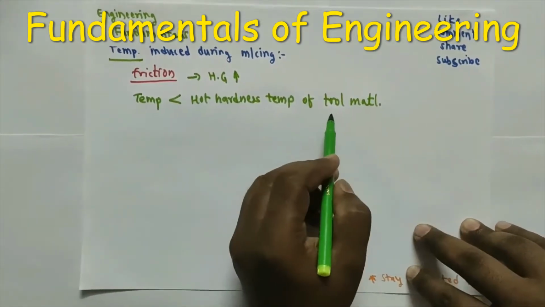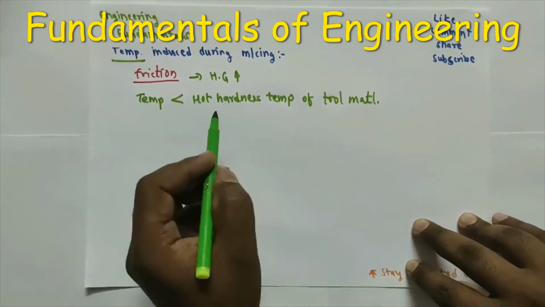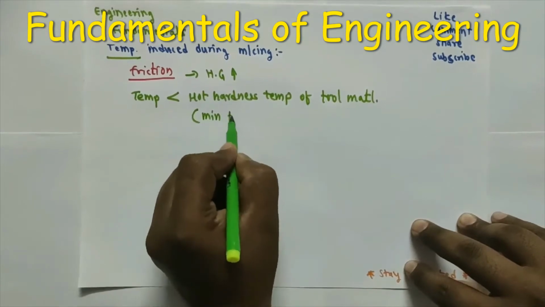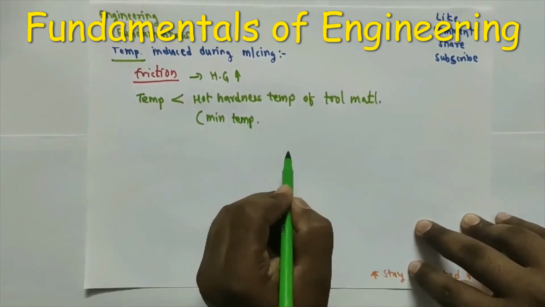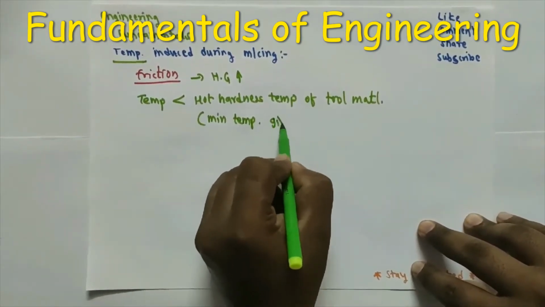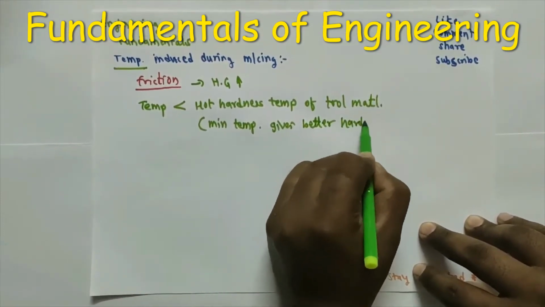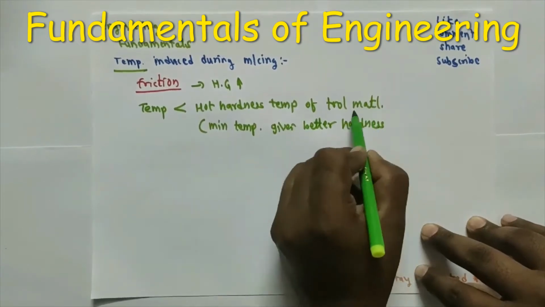So what does hot hardness temperature mean? It is the minimum temperature at which the tool material can give better hardness.